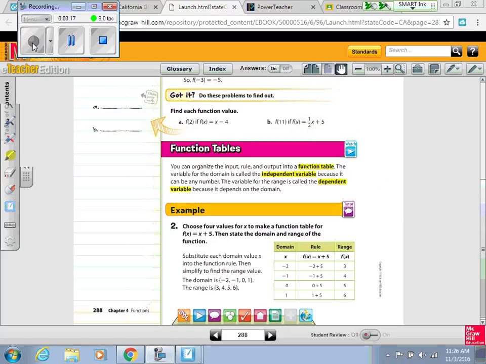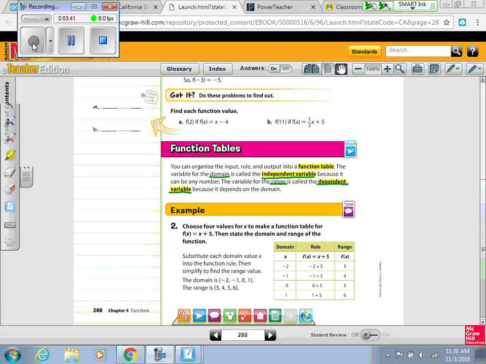So like we've talked about before, we have a domain and a range when we're dealing with linear equations. The domain is the independent variable, your x, and the range is the dependent variable, your y. And it depends on the domain. So the range depends on the domain.